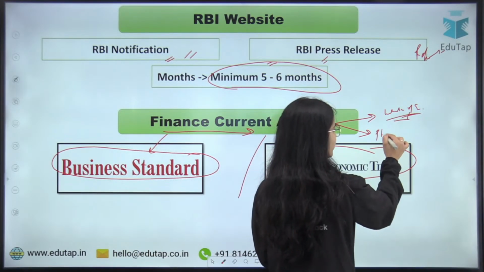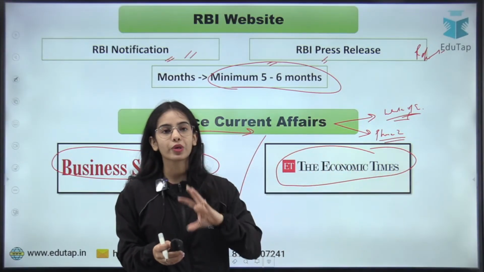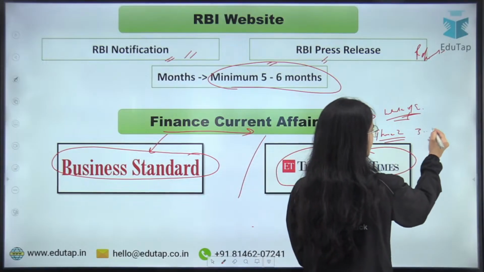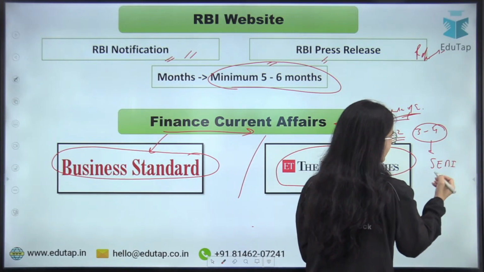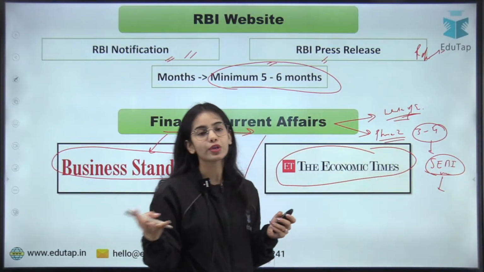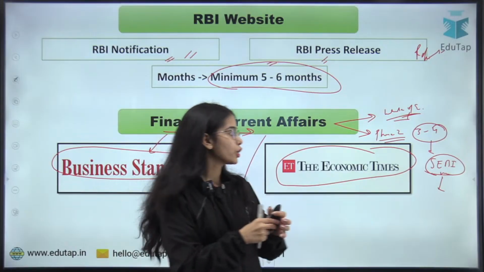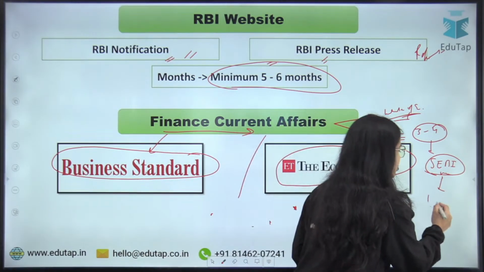In Phase 2 of the RBI Grade B, there were 3 to 4 questions that came from SEBI news articles, the SEBI notification, because it was related to the UPI system.